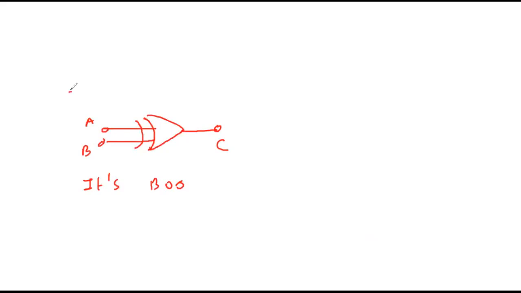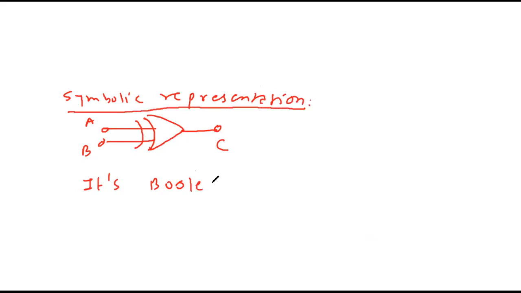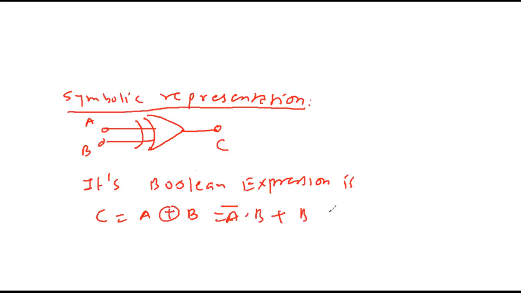Then write the symbolic representation. Boolean expression is A XOR B, equal to A complement B plus B complement A. Truth table.